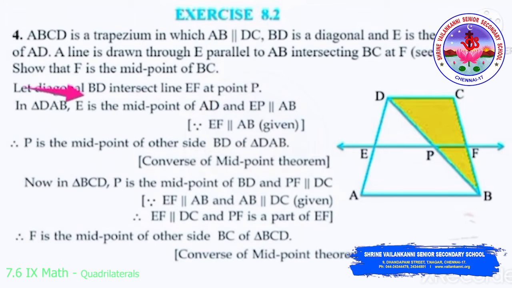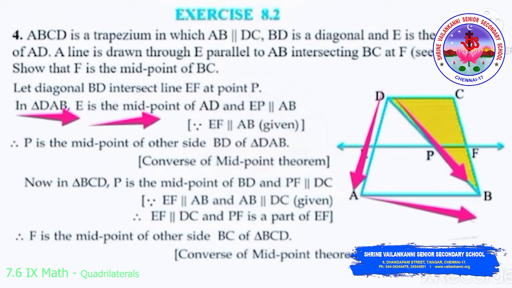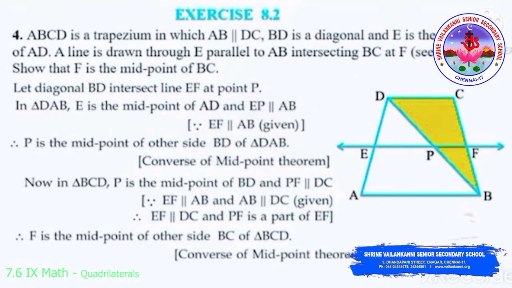Coming to the solution, let the diagonal BD intersect the line EF at a point P. Consider triangle DAB where E is the midpoint of AD. Also, EF is drawn parallel to AB. So EP will also be parallel to AB.